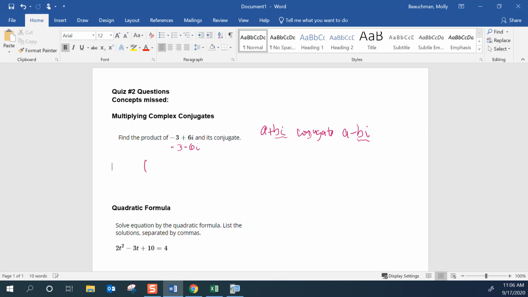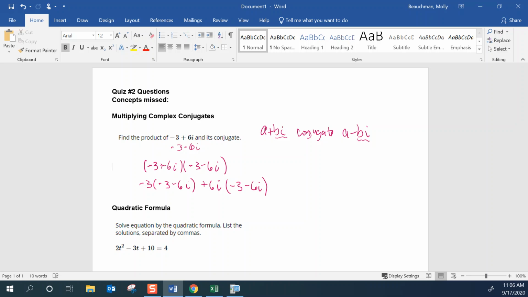When we multiply these together, we get -3 plus 6i times -3 minus 6i, and we're going to do FOIL, or the distributive property. Make sure we multiply everything in the first number: -3 times -3 minus 6i, then plus 6i times -3 minus 6i.